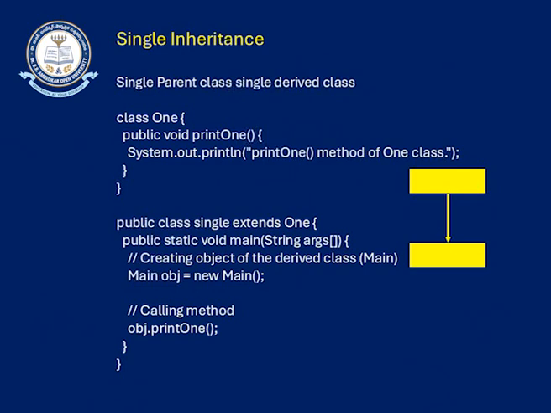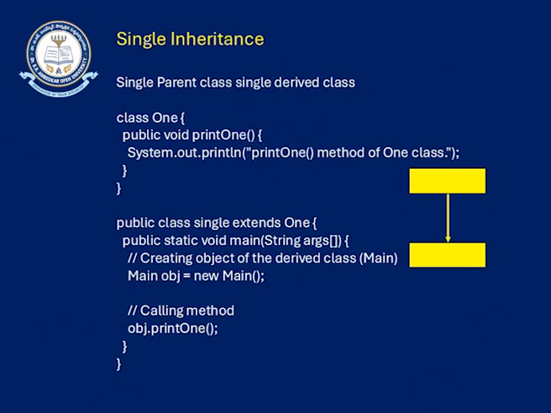Because this child class has its own properties as well as the properties of the parent class. So, this is the example given on the other side, where I mentioned how you can inherit the properties of the base. So, single base class, single derived class, single parent class, single child class.